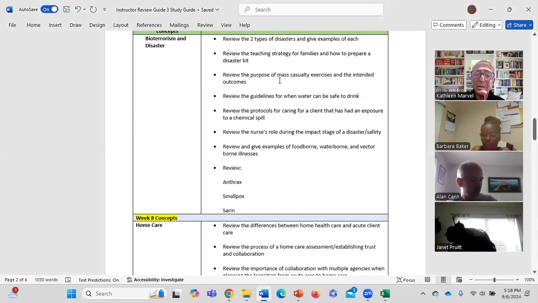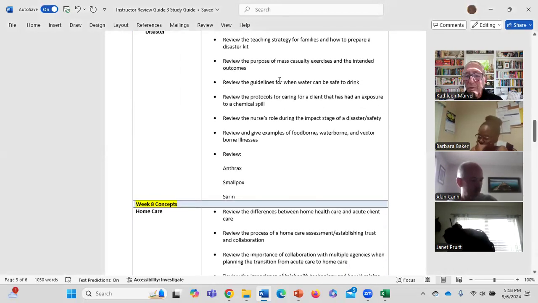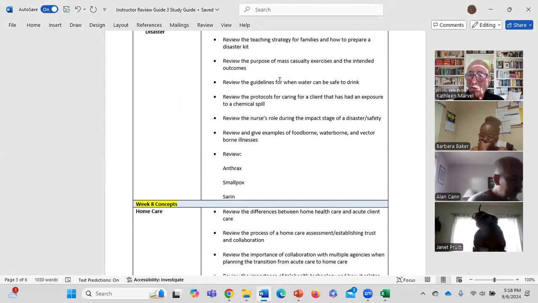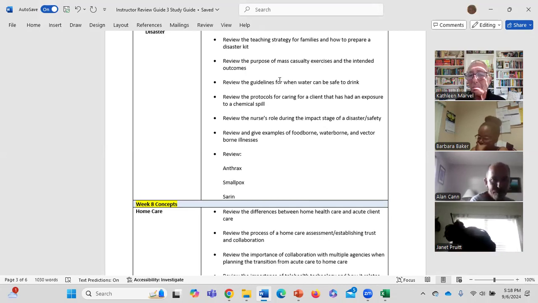And then review anthrax, smallpox, and sarin. What is affected? Is it your respiratory system, your integumentary system, your nervous system? Just have an idea of what major body systems those potentially affect. For example, sarin gas, severe respiratory.